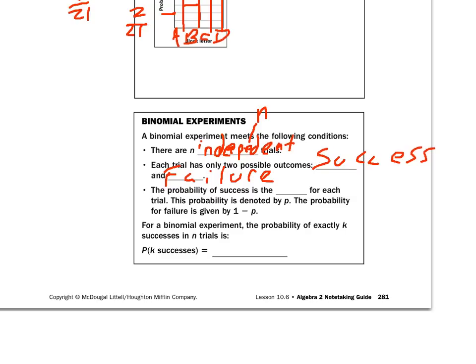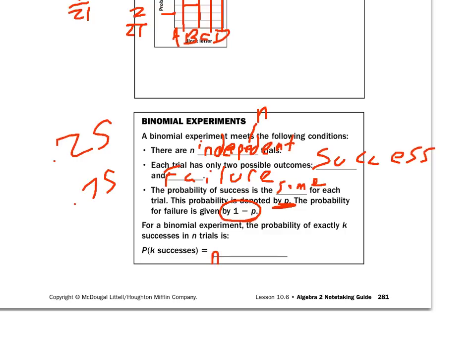That's all you got. The probability of success is the same for each trial because they're independent. You have that much probability for success. P, probability for success, and the probability for failure would be 1 minus P. So if I have a 25% success chance, I have a 75% no success chance, 1 minus 0.25. And here's the formula that you need to know.